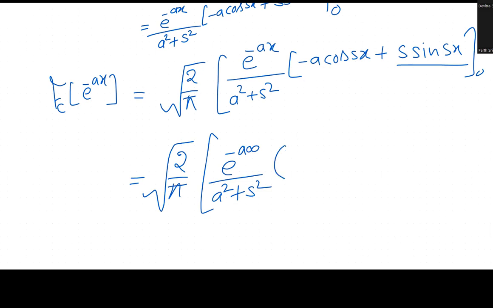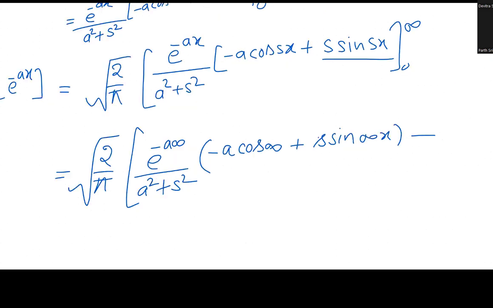Minus a cos s infinity plus s sin s infinity, and minus, e to the power minus infinity will be 0.